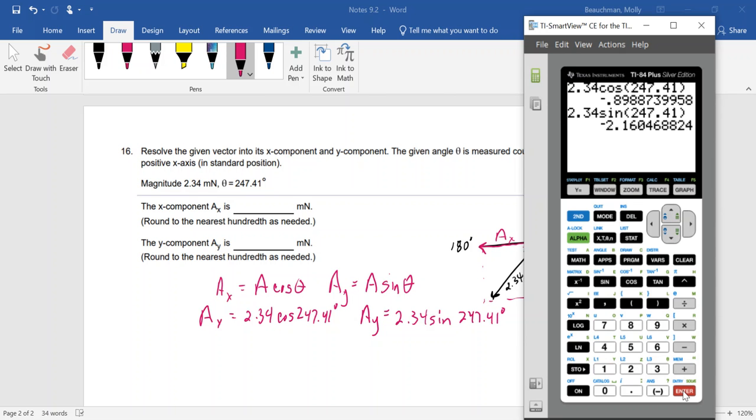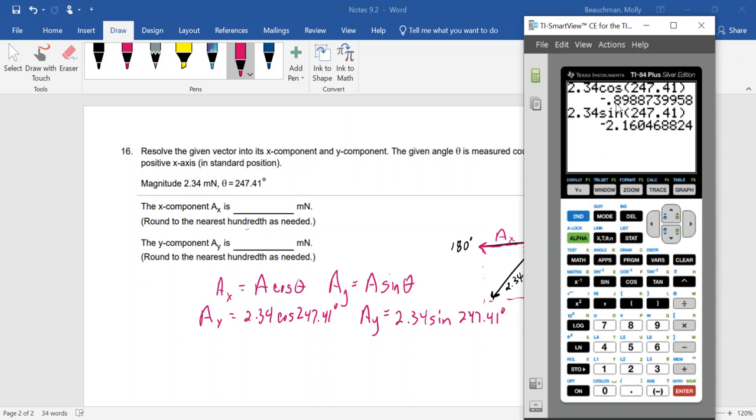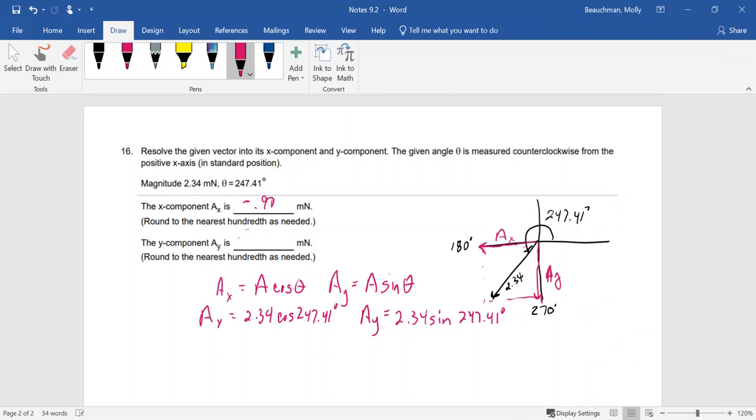So our x component ends up, we want to round to the nearest hundredth, being negative 0.89, rounded to the nearest hundredth is negative 0.90. And our y component is negative 2.16. And notice they're both negative, and if you take a look at where the vector ends, the length of vector x, the component, would be negative 0.9. The length of vector y would be negative 2.16.